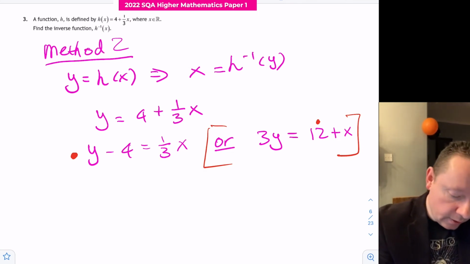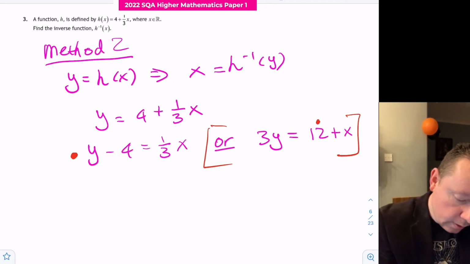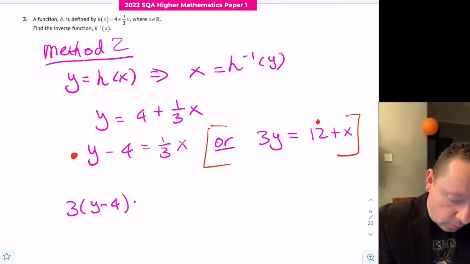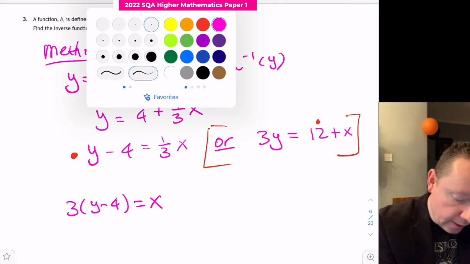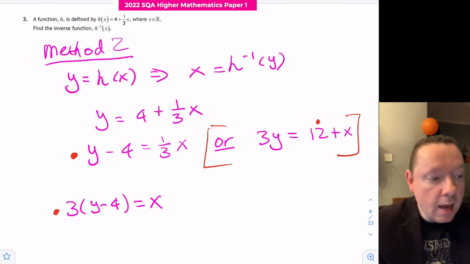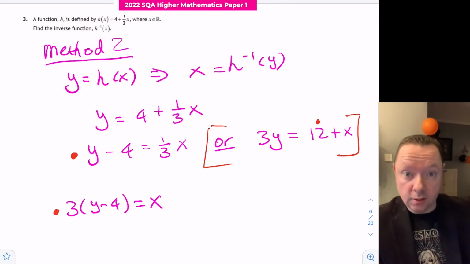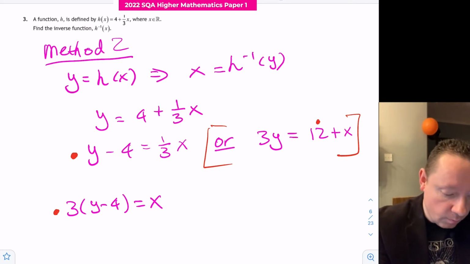Continuing on with the way that I've done it, that's your first mark, then making x the subject. From here, we're going to multiply through by 3. So we've got 3 times y minus 4 equals x, or x equals 3 times y minus 4. There's your second mark there. And then you have to explicitly state what the inverse function is to get your final mark.